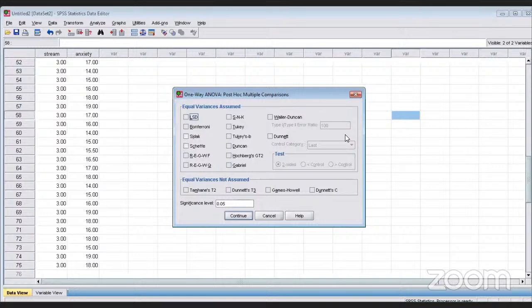But it will not tell whether the mean score of anxiety of science teacher is higher than that of arts and commerce teacher or not. In order to know that, you have to have another one, and that is post hoc test.